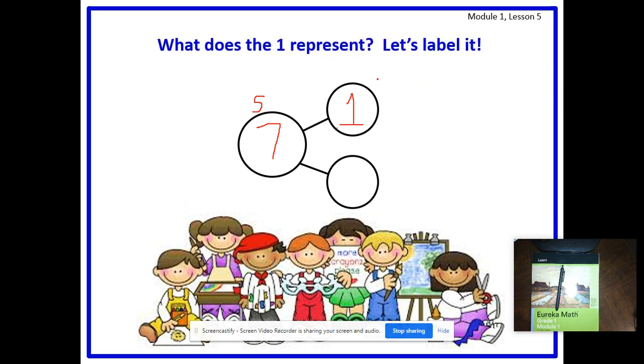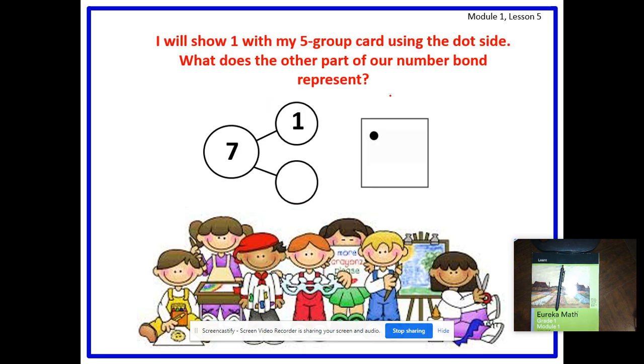I'm going to put an L for long hair. Now I'm going to show you a 1 with my 5 group card right here. Let me relabel my number bond. And then I'm going to show you the 1 with my 5 group card using the dot side.